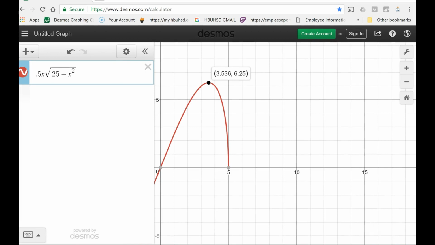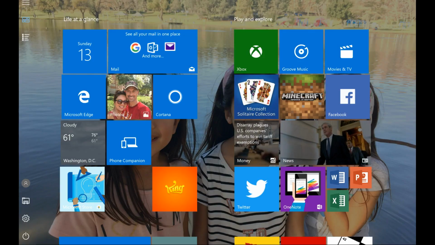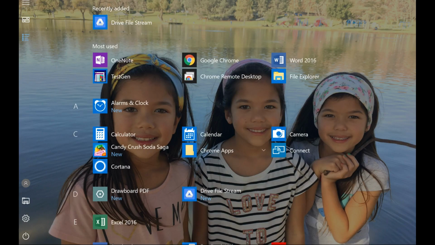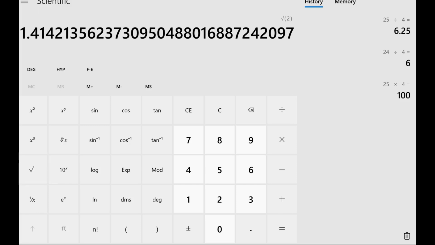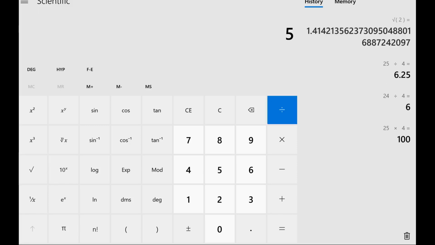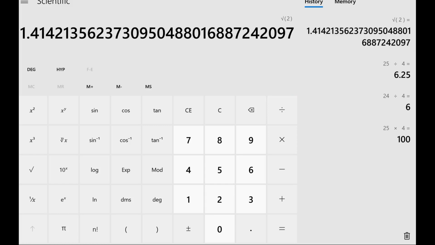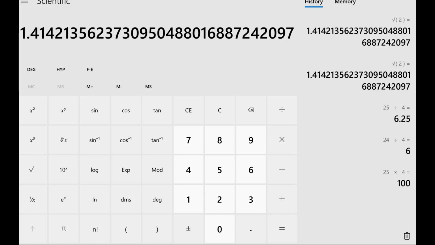Look, 6.25, right? And then remember, our dimensions were 5 divided by radical 2. So I just want to confirm that really quickly, if I can hit the calculator correctly again. So clear that. 5 divided by square root. You know what it does in this one? It does the radical first. So I'm going to do radical 2 first, and then 5 divided by this piece. Oh, it didn't do it.